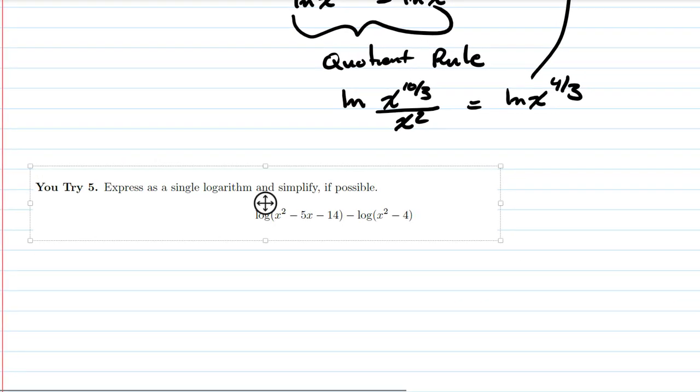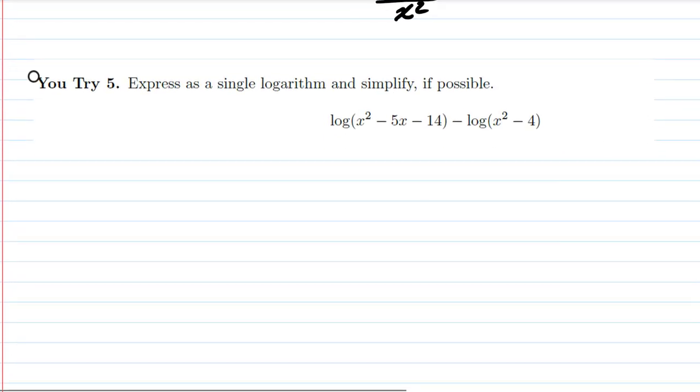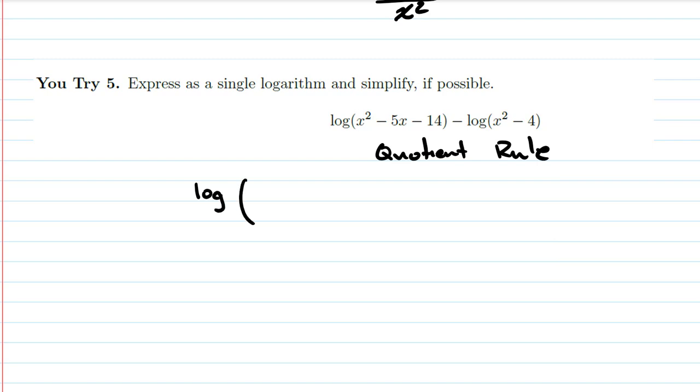So first thing we notice, once again, we have subtraction, so let's go ahead and use our quotient rule. So that gives us the logarithm of x squared minus 5x take away 14 all over x squared take away 4.